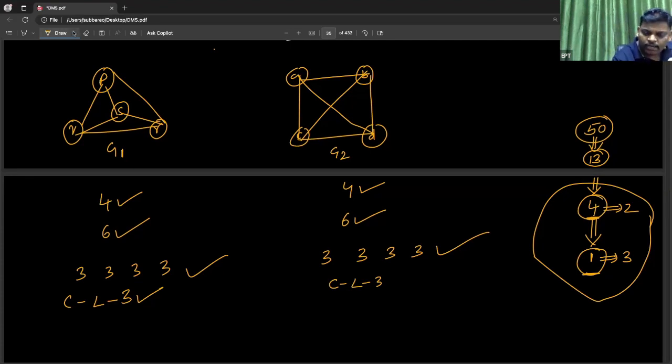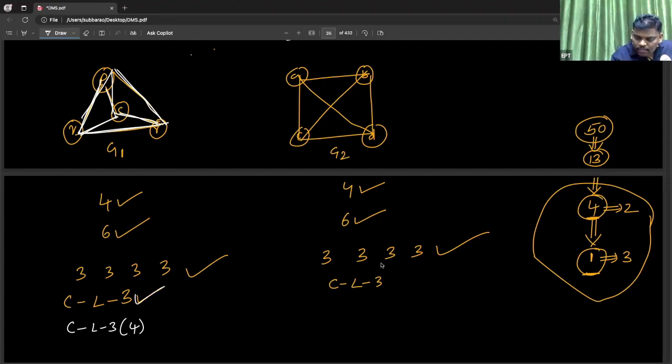Let me write once. This is 1, this is 2, this is 3. Am I right? 3 or 4? Outside is one more. 4 cycles of length 3.